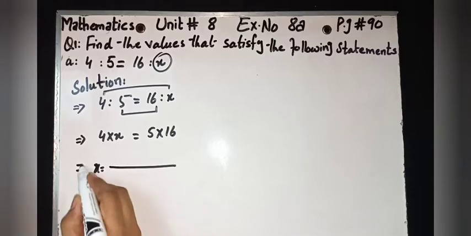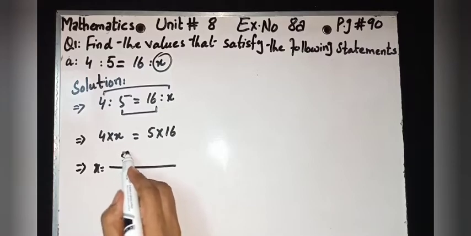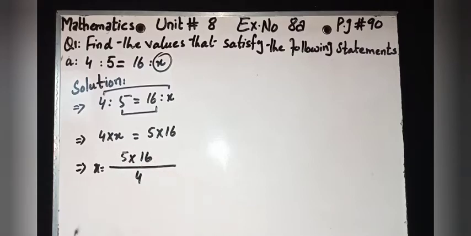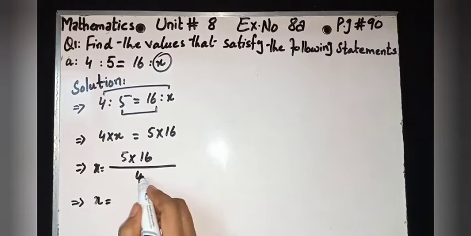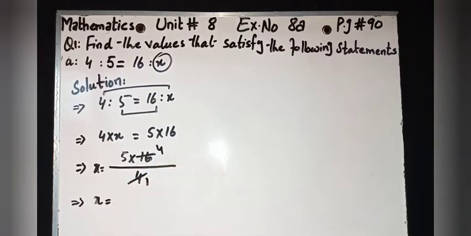We find the value of x, so write 4 in the denominator place. 5:16. Next step, x equal to, now we reduce it. 4 1s are 4, 4 4s are 16, 5 4s are 20. Answer: x equal to 20.